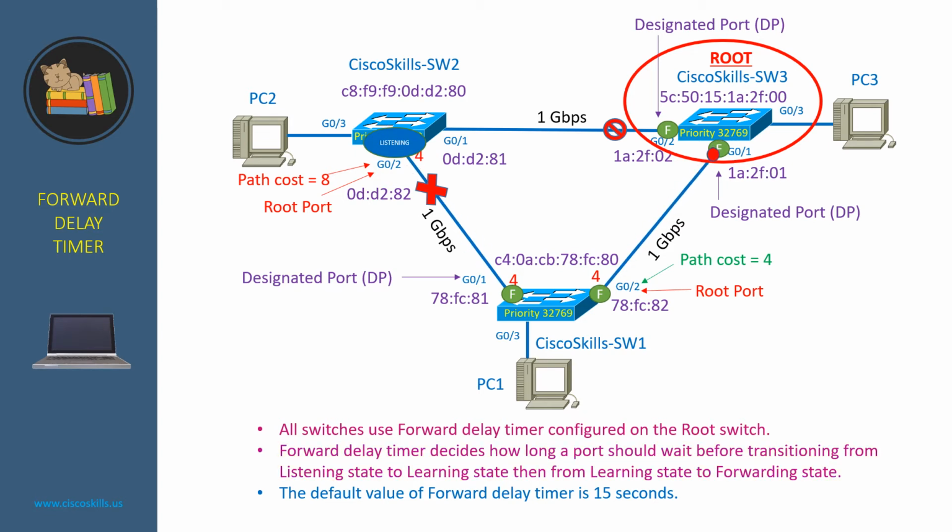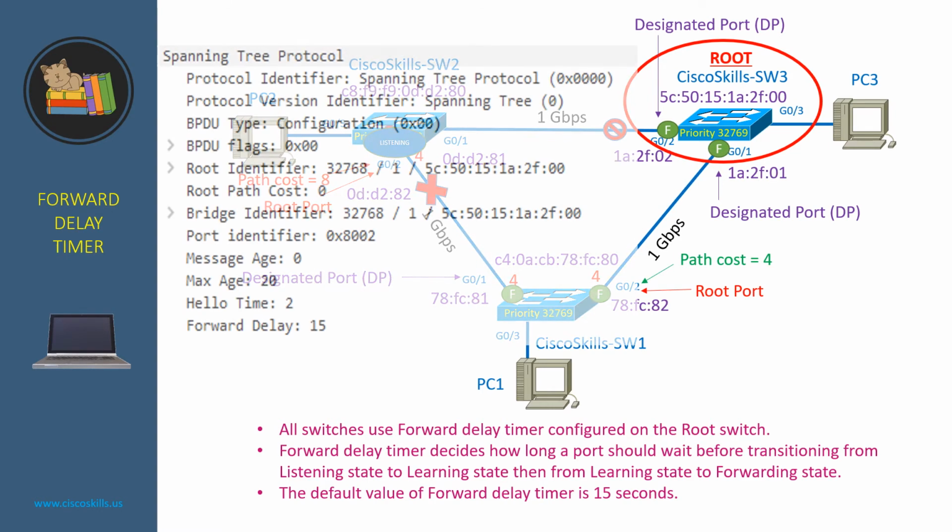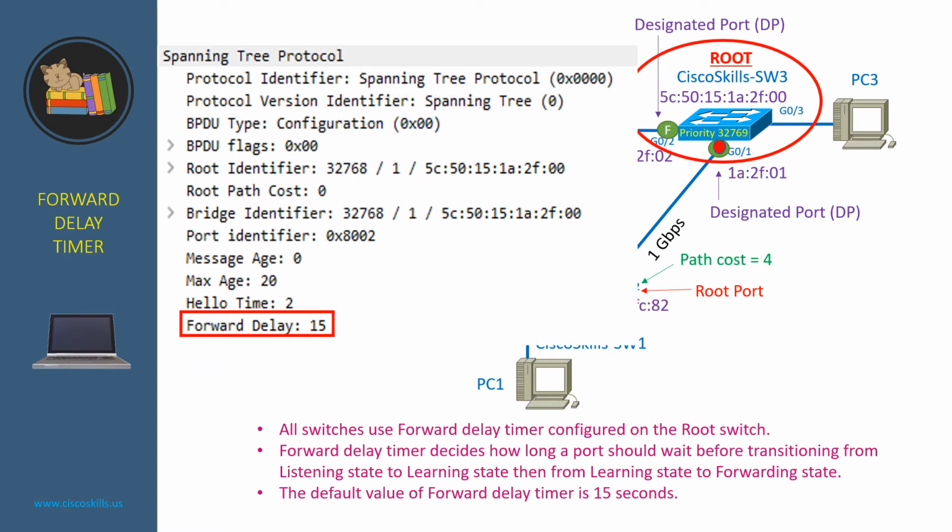The forward delay timer decides how long a port should wait before transitioning from listening state to learning state, then from learning state to forwarding state. The default value of the forward delay timer is 15 seconds, and here is the forward delay timer configured on Cisco Switch 3. So it means Cisco Switch 3 uses the default forward delay timer.